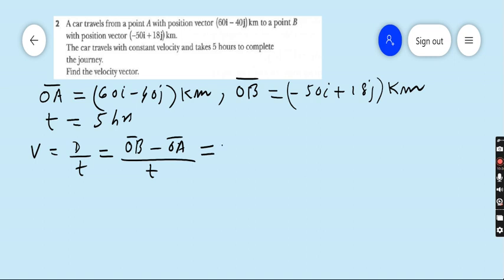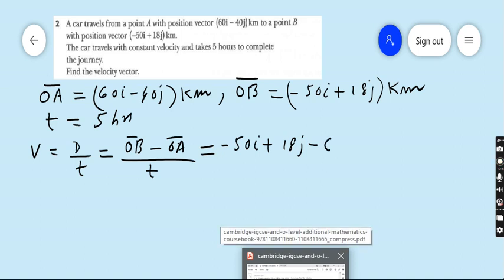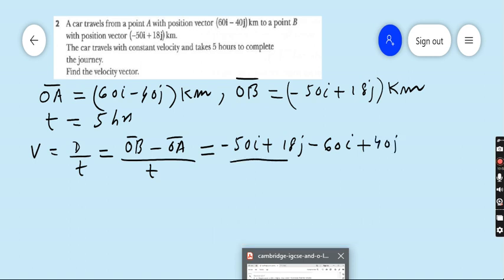So OB is minus 50i plus 18j, minus OA, which is minus 60i plus 40j, upon time, which is given as 5.